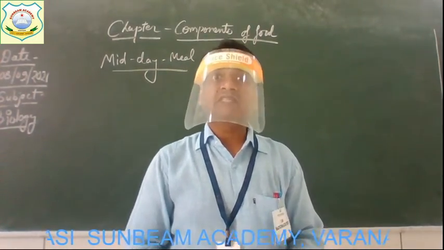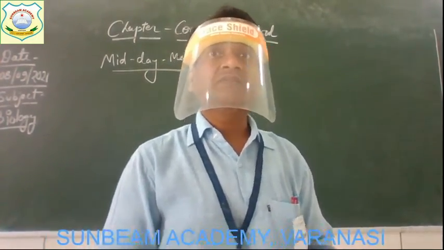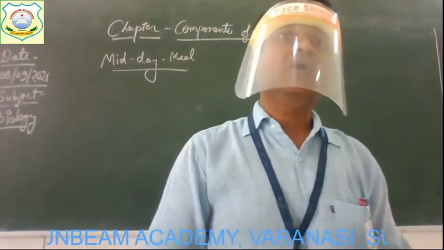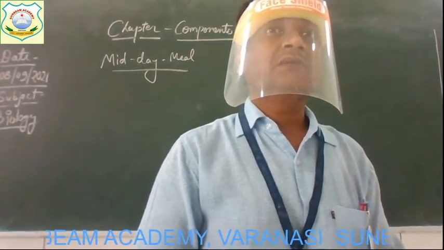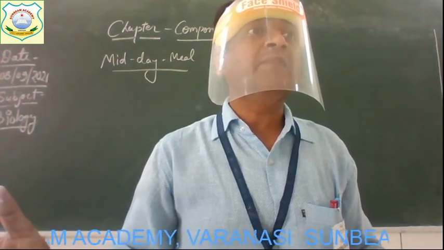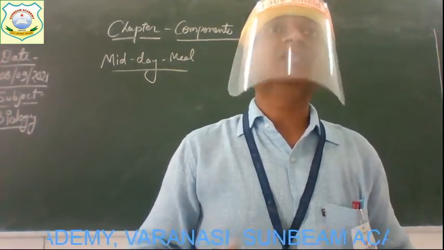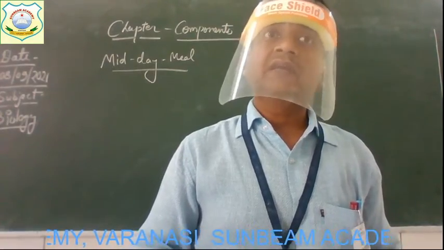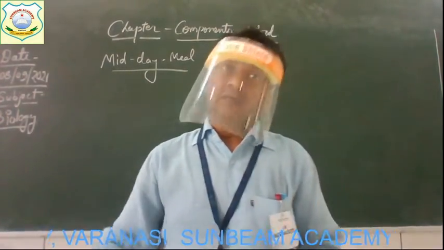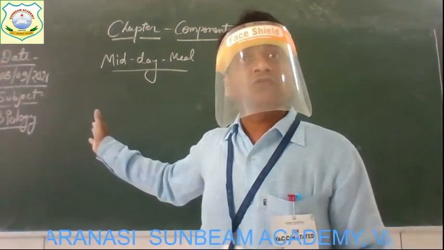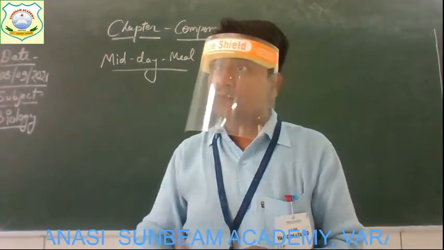The first objective: children who belong to poor families, their parents are not capable of providing their children which type of food? Nutritious food. So that is why the government provides such food to the children.